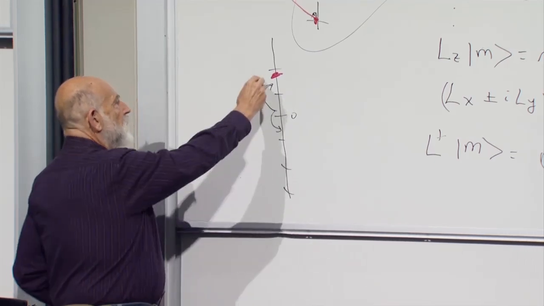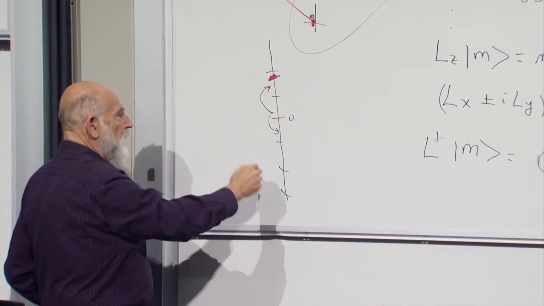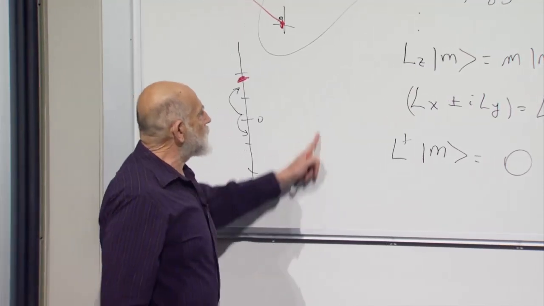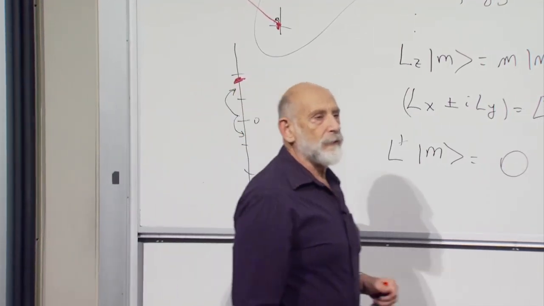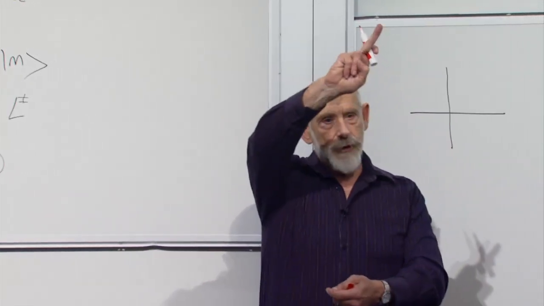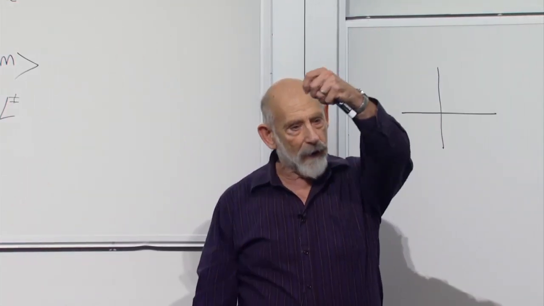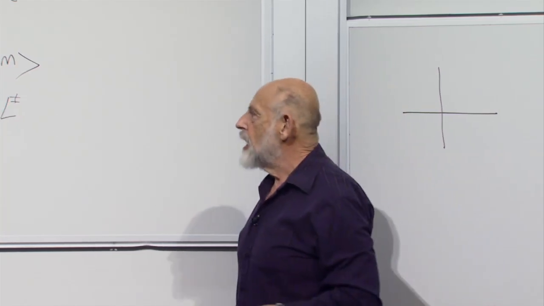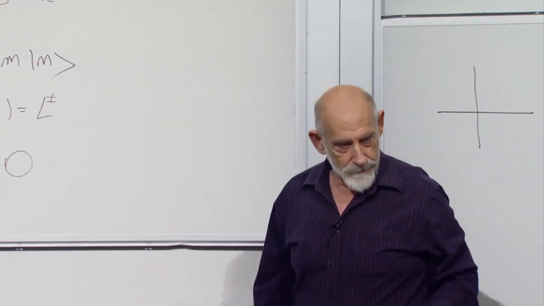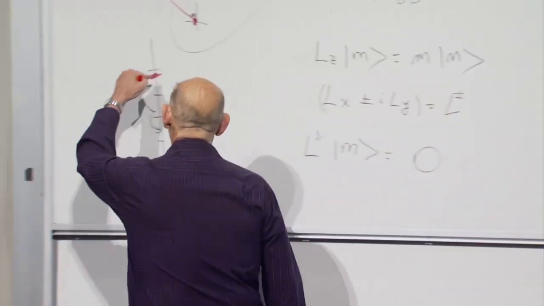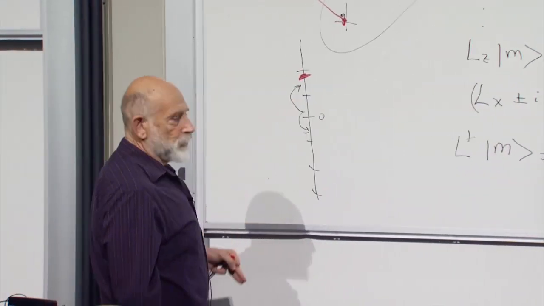Then we have things separated by an integer, but we have one more thing that we know. We know that there's nothing preferential about the plus z-axis. If we simply rotated the whole picture around and replaced the plus z-axis by the minus z-axis, all the rules would be the same. So for that reason, the spectrum has to be symmetric about the origin.